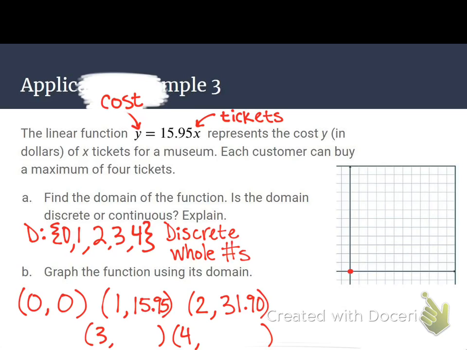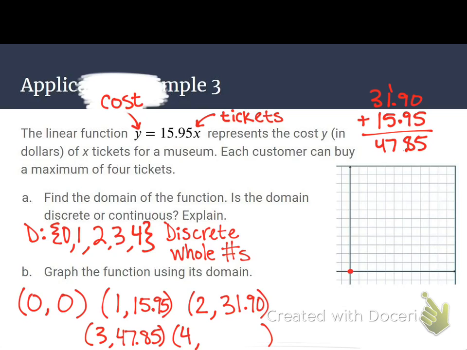I think you're close. 47 what? So we're taking $31.90 and adding how much to it? $15.95. So $47.85.